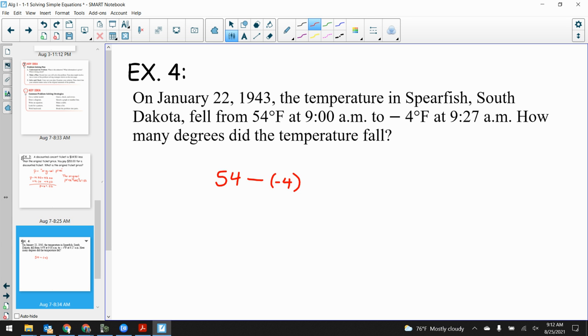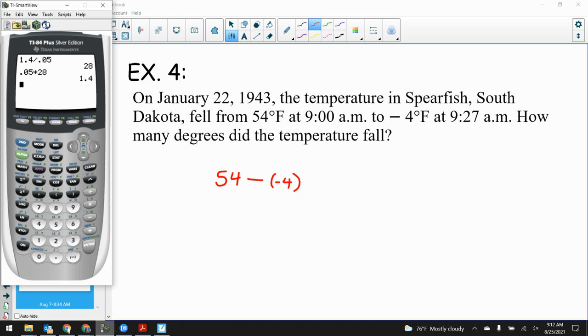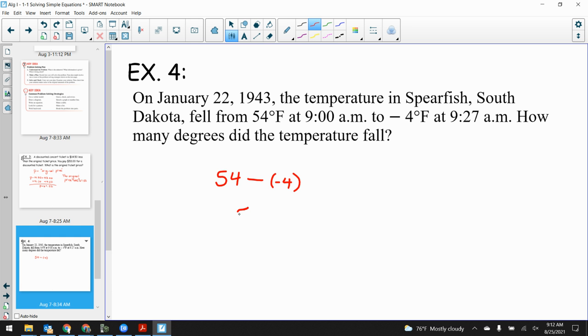It's going to go down from 54 all the way down to negative 4. Well, 54 minus a negative 4 gets us 58 degrees. Okay, so we can say, and how many degrees did the temperature fall? The temp fell 58 degrees.